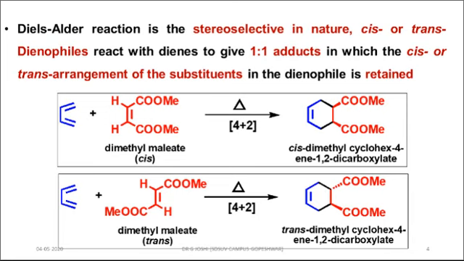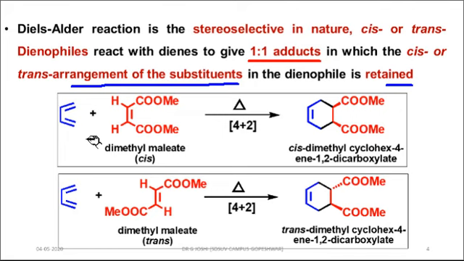Cis or trans dienophile reacts with diene to give a 1:1 product in which the cis or trans arrangement of substituents in the dienophile is retained, as shown in this example.